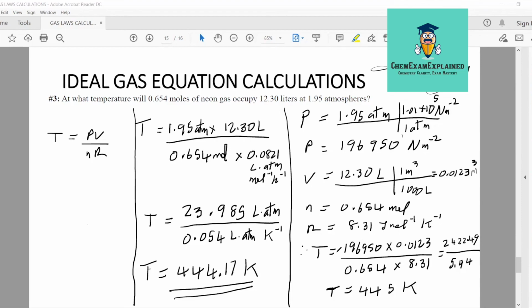I just simply plug the information in the equation, and my answer given here for temperature is 445 Kelvin. So you can work it in atmosphere or Pascal if you so desire, or depends on the one that the question requires.